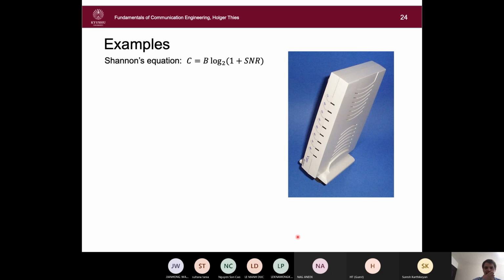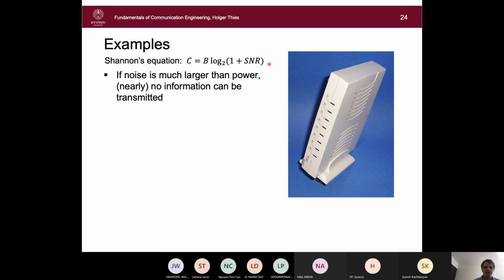Okay, so let's look at some examples. Again, recall that I have Shannon's equation here. Shannon's equation says that the capacity of the channel is B times logarithm base 2 of 1 plus the signal to noise ratio. So let's look at some examples.